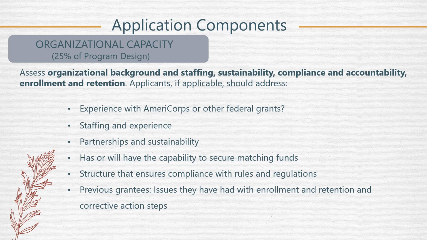We like you to look at things like partnerships and sustainability that they have in the community that should be written into this application, and if they will be able to make matching funds secured. And we also want to make sure that they have a structure put in place that can ensure compliance with rules and regulations.